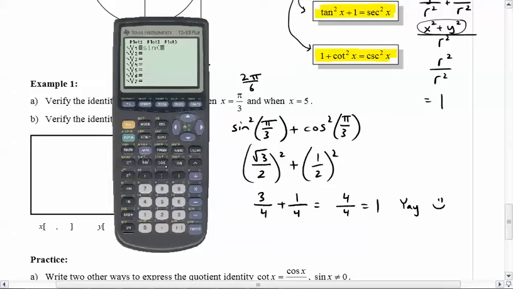So if we graph sine x squared plus cosine x squared, you can see that the graph looks like the line y equals 1. And in fact, if we graph the right-hand side, the number 1, using my favorite bold function, there it is, you can see that that graph is exactly the same.